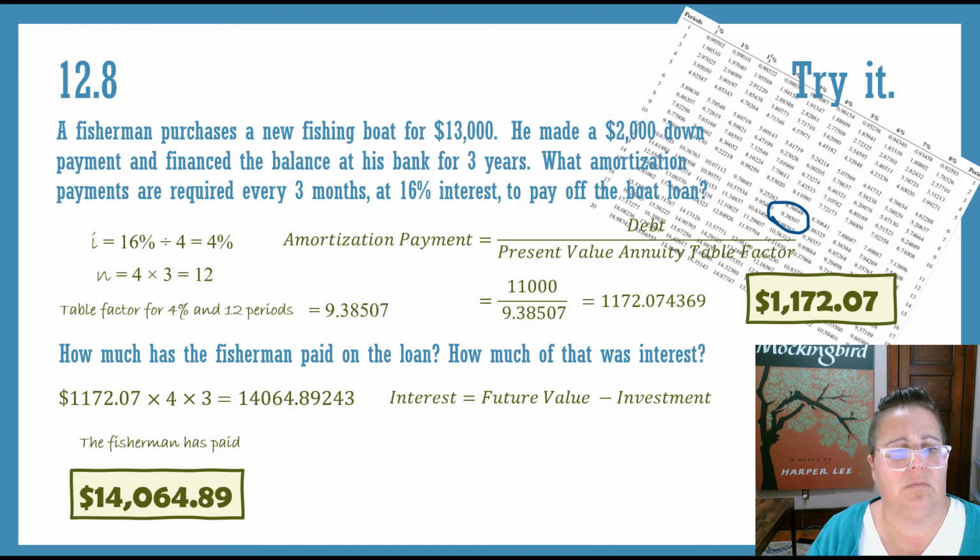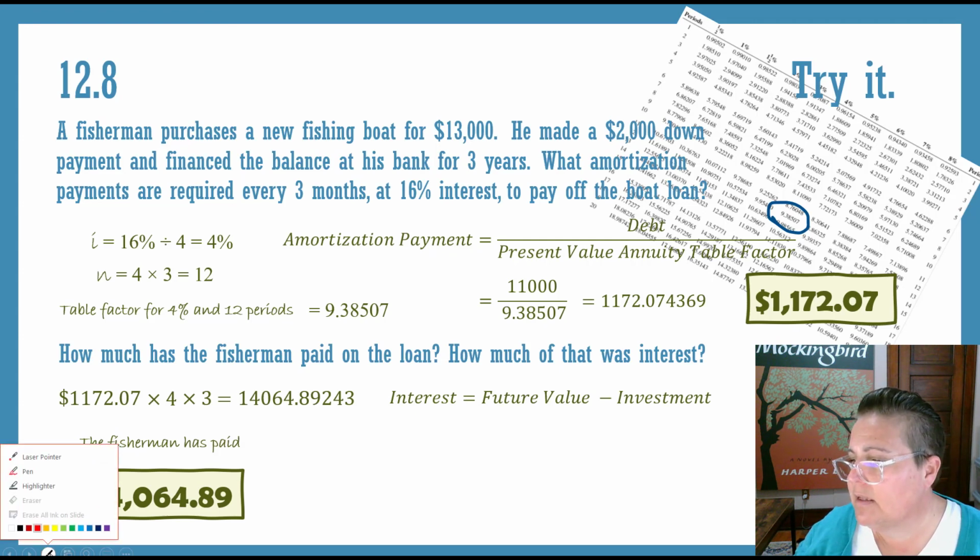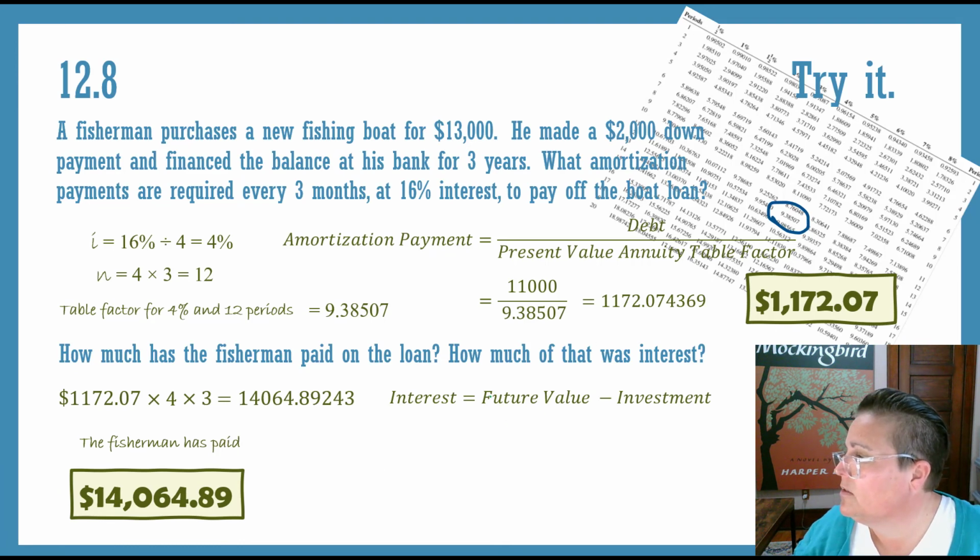Ooh, I don't like what that says. I need to switch that. We're in the middle of it, so I'm not switching it right now. I want green. Okay. So the interest would be his total payments. I need to switch that.